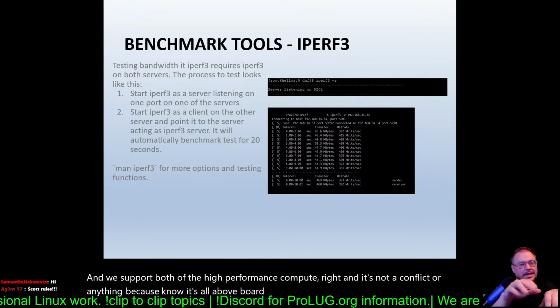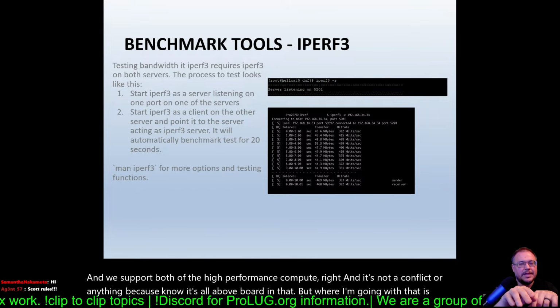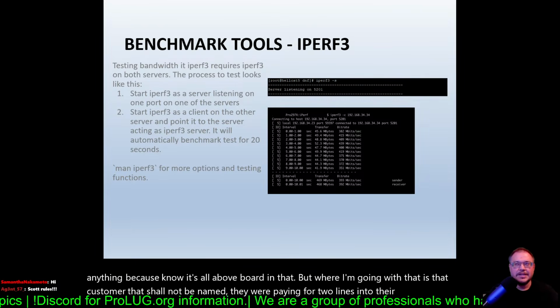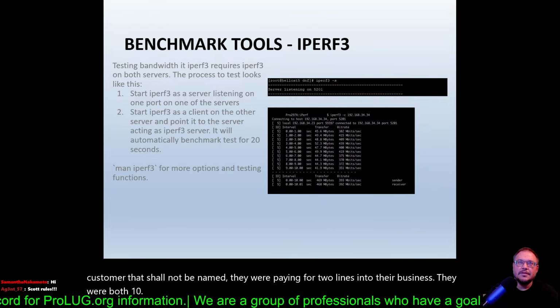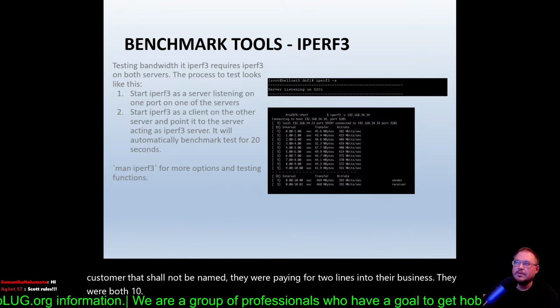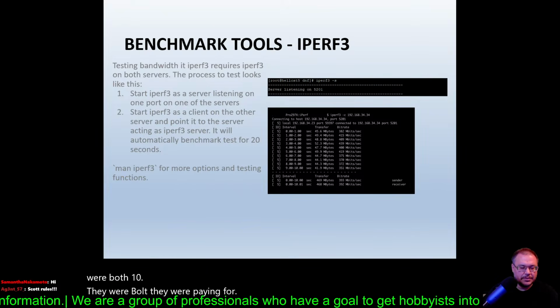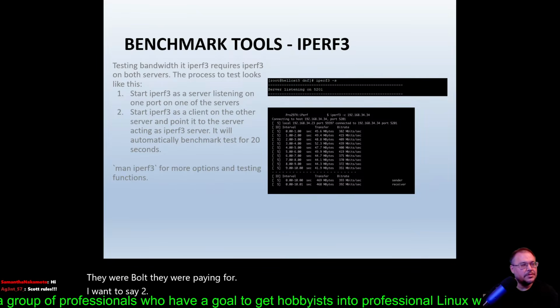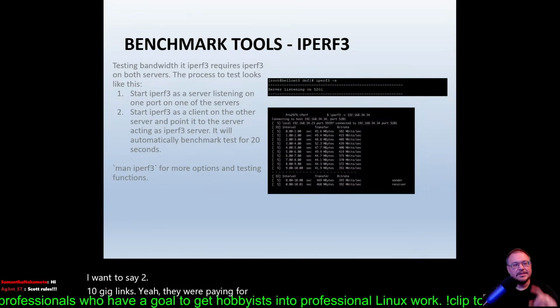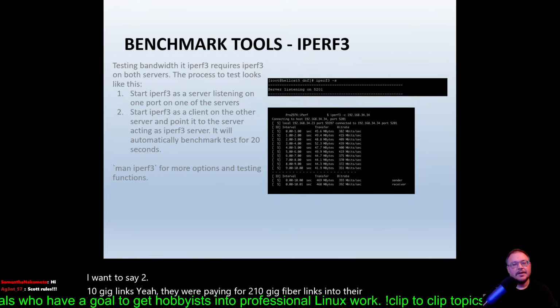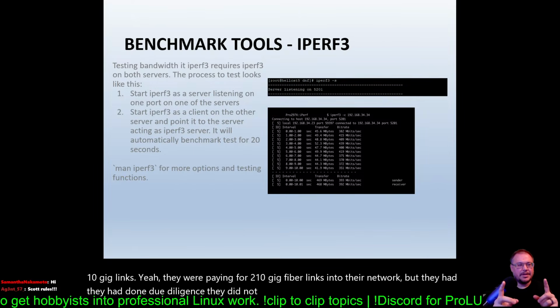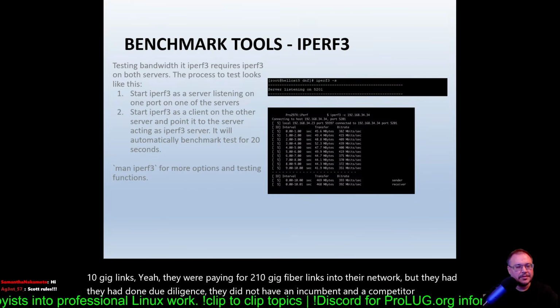But where I'm going with that is that customer that shall not be named, they were paying for 2 10 gig fiber links into their network. But they had done due diligence. They did not have an incumbent and a competitor carrier, right? Like you guys have heard me talk about that.